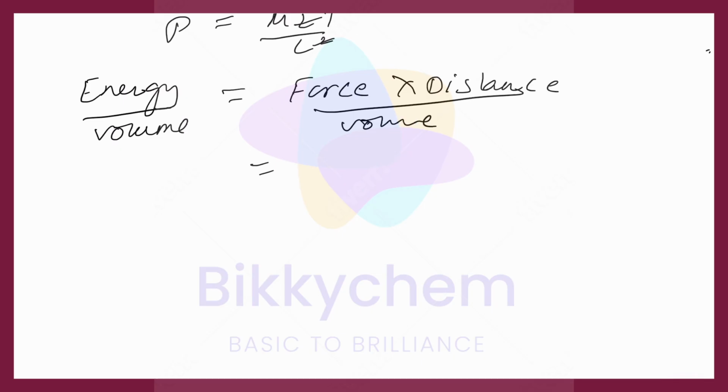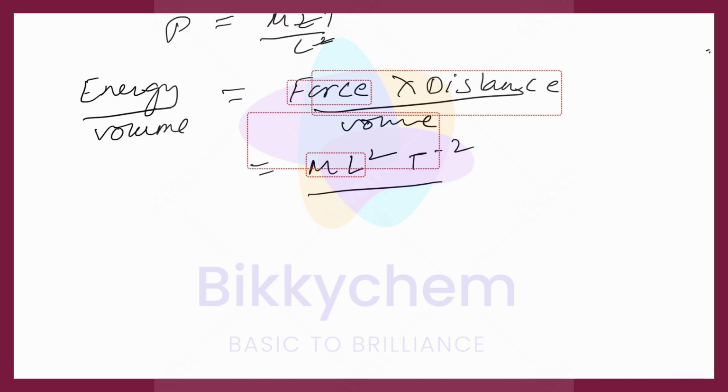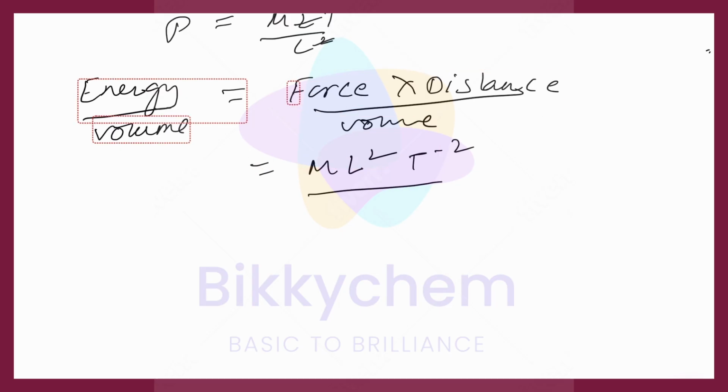So the unit will be mass length square per unit time, this one is distance, also velocity, change in velocity per unit time will be there, and the volume means length cube.